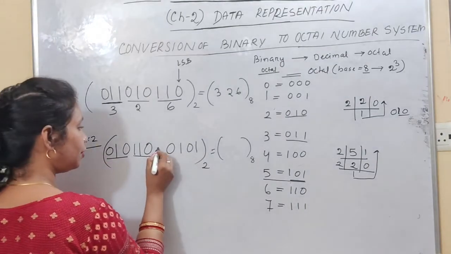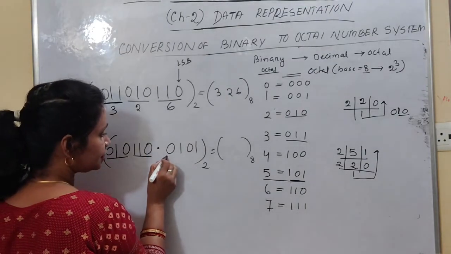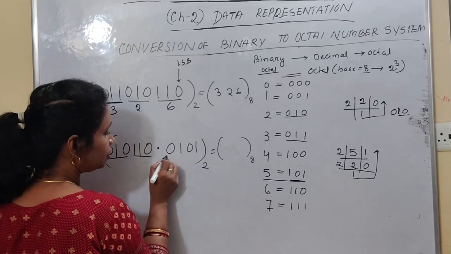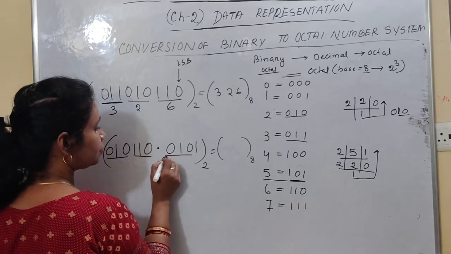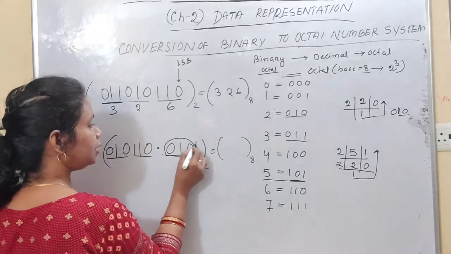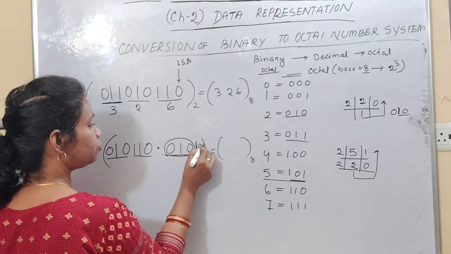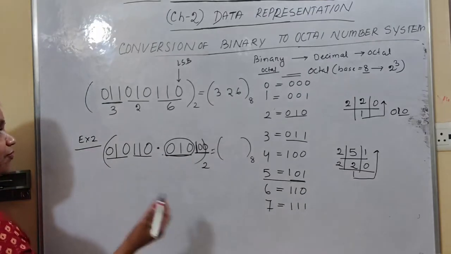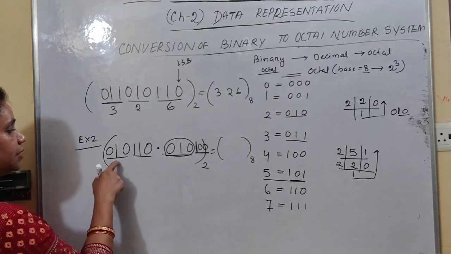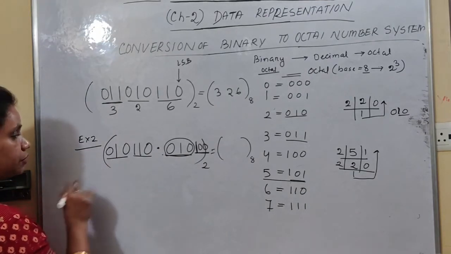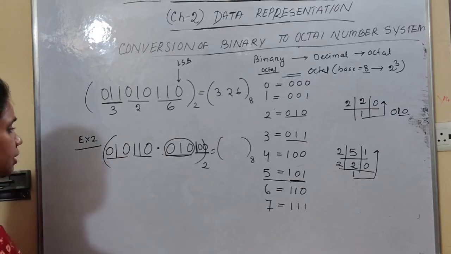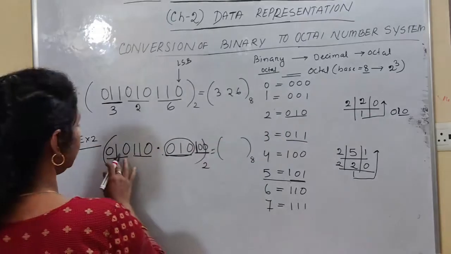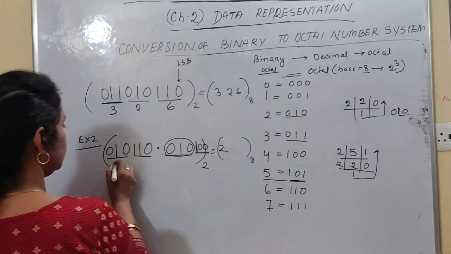After the point, you have to make groups as well. So this is the first group, and here only 1 is there, so you have to add two 0s to make another group. Now you have to find the equivalent octal representation of each binary group. So this is 010, which is 2.